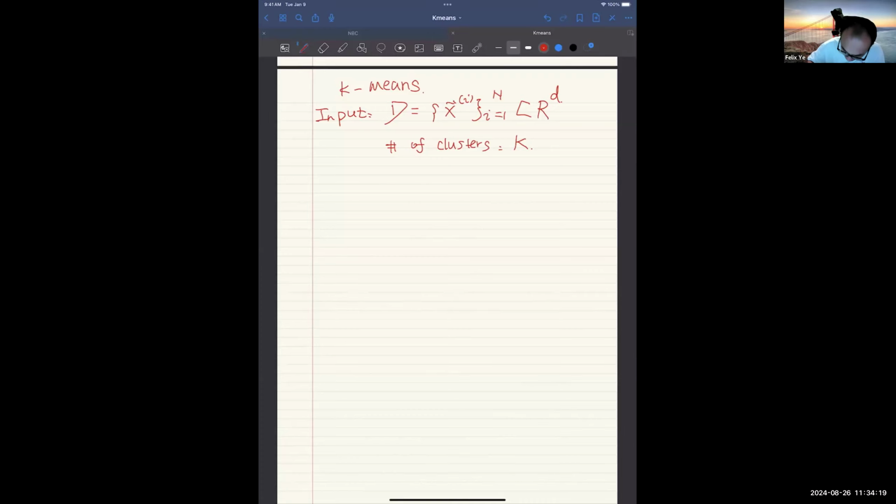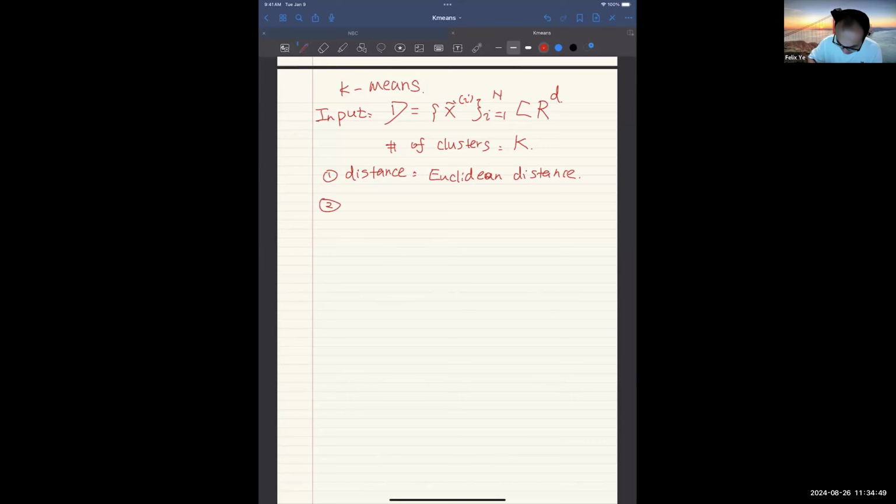And I said the distance, right? So we need to define the distance. We are going to use the Euclidean distance, which is commonly used. Not only do we need to define the distance, we also need to define the cluster.